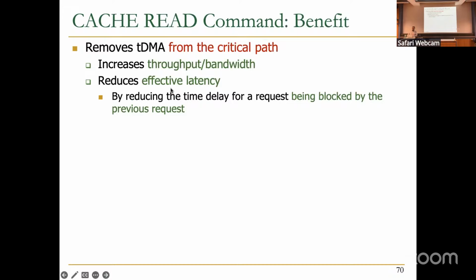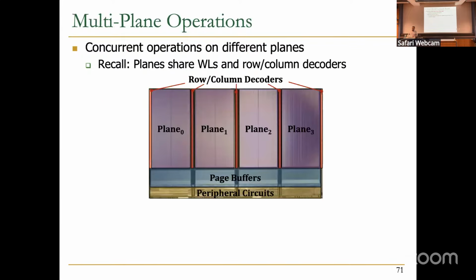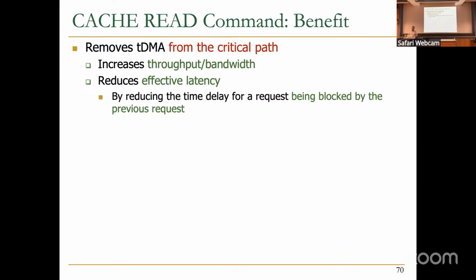This also reduces effective latency. The latency of one operation has not changed, but the effective latency, assuming you are sending several requests, the overall latency that you are getting is lower, which is good. But at the same time, it's not free because you need to add page buffers. Make sense?